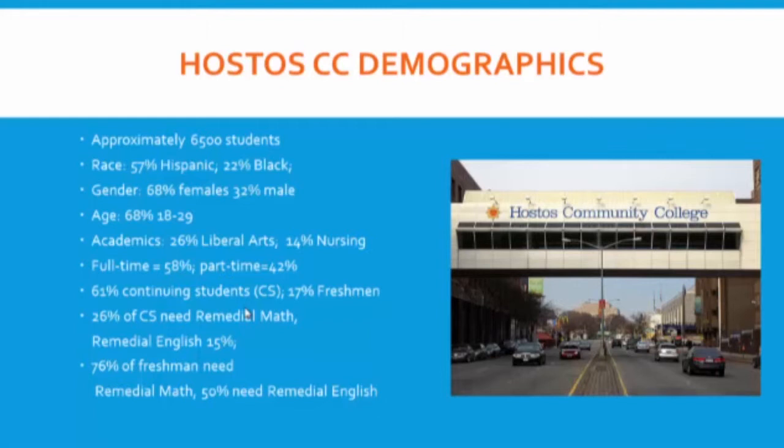In terms of racial breakdown, about 57% are Hispanic, 22% are Black. The gender distribution is almost two-thirds in favor of females, and that seems to be a growing trend. In terms of age, the majority of our student population is between the ages of 18 and 29, and the majority declare liberal arts or nursing majors. 58% are full-time, 42% part-time, 61% are continuing students.